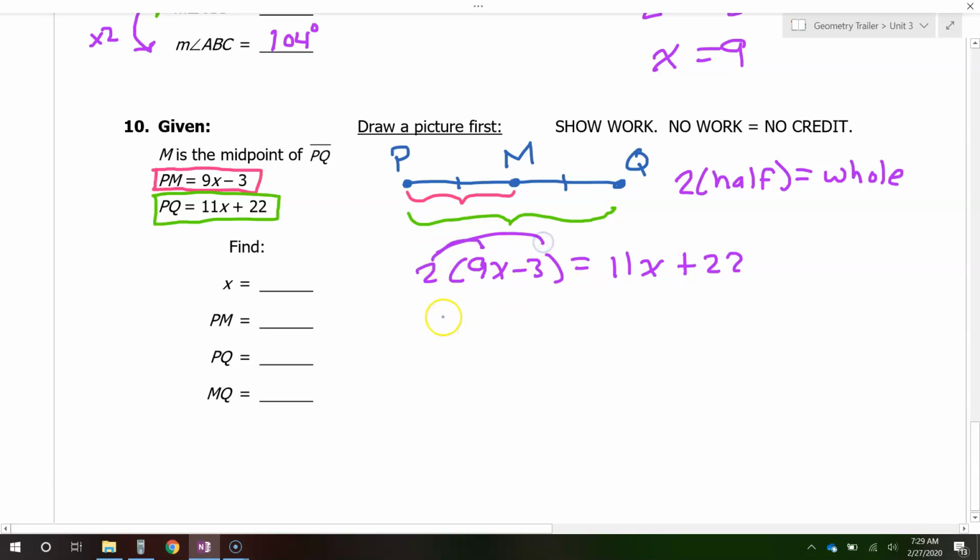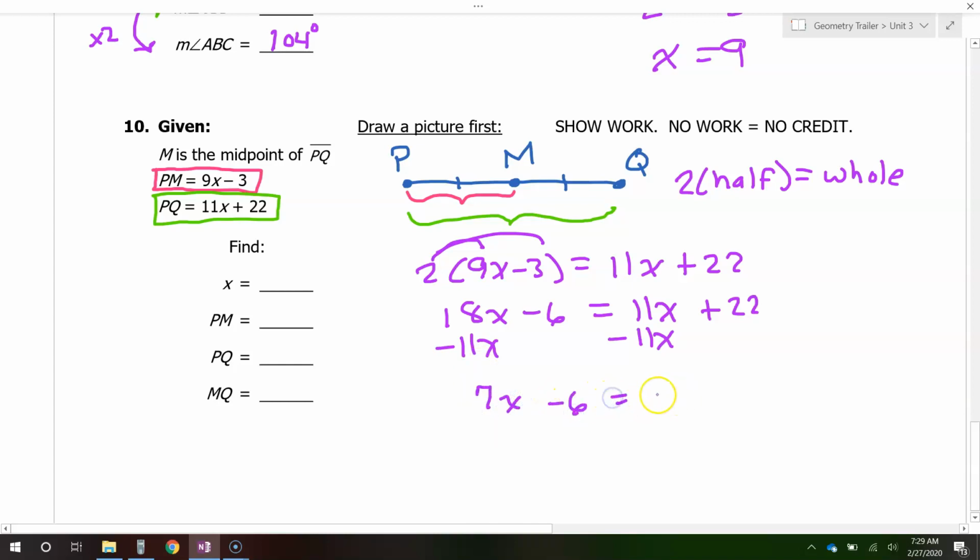Time for a little distributive property. We get 18x minus 6 is equal to 11x plus 22. When you have the variable on both sides of the equation, you have to subtract one of them. So this is going to give me 7x minus 6 is equal to 22.